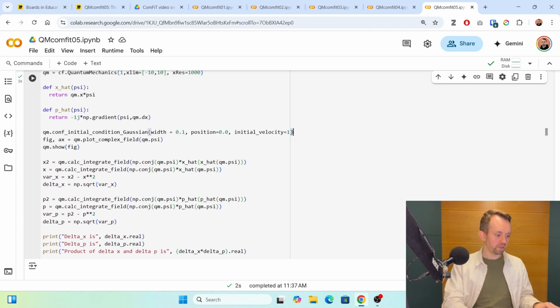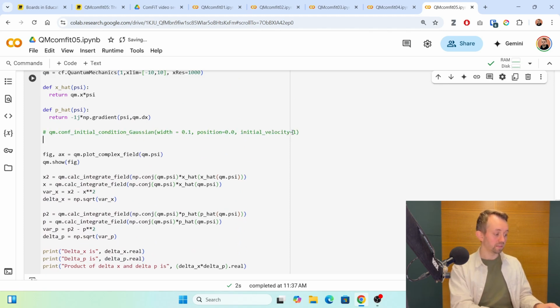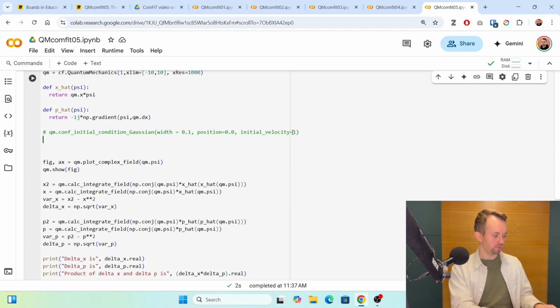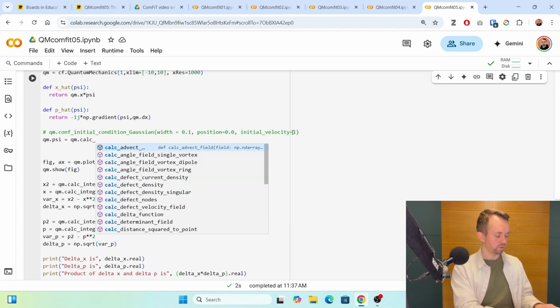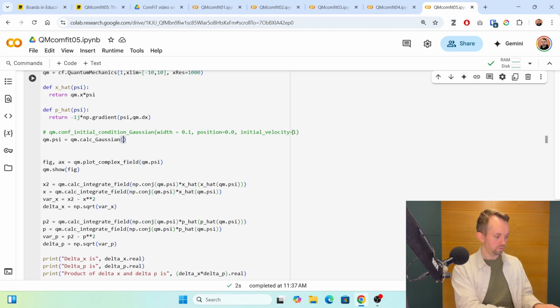So, for instance, let's create a different wave function. How do I do that? Well, I can say qm.psi is equal to, and then there's a function called calc Gaussian.